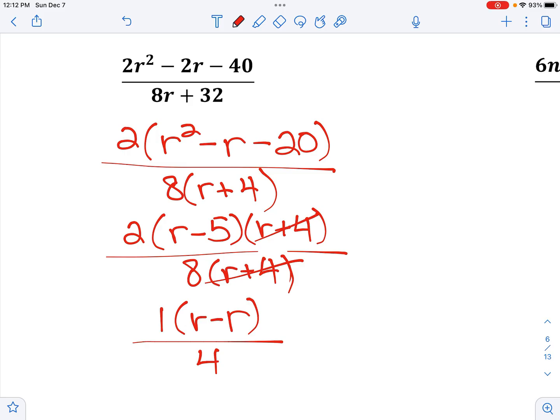You don't really need the 1 up top. You could leave it there if you want, but most people would probably get rid of that. I don't know why I wrote r there. Or, I'm sorry, it should be a 5. That's what I have left. So there we go. That's the reduced version of that. It'll be r minus 5 over 4.